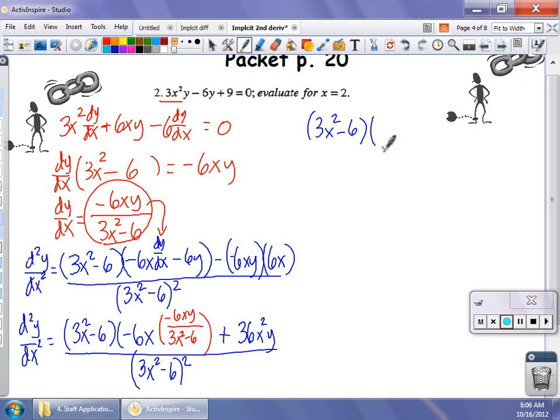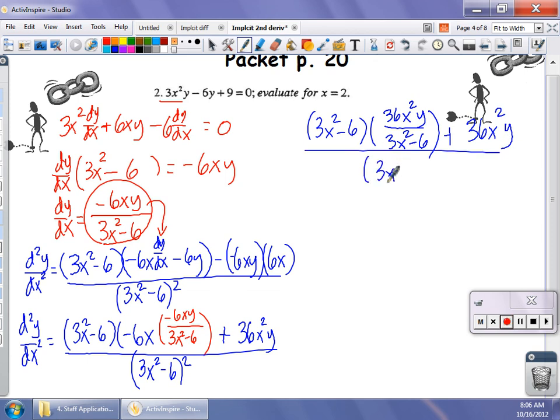Plus times positive 36x squared y over 3x squared minus 6, plus 36x squared y over 3x squared minus 6.